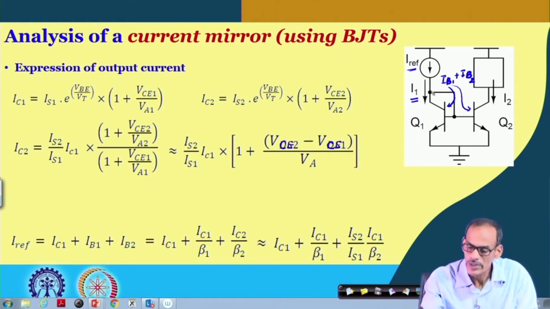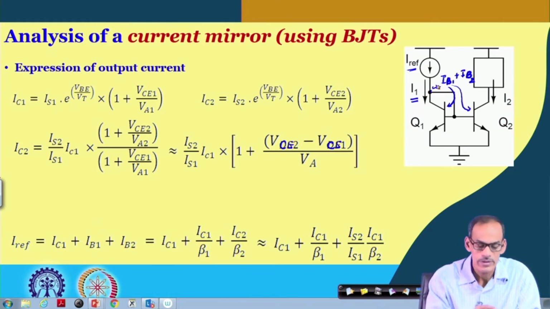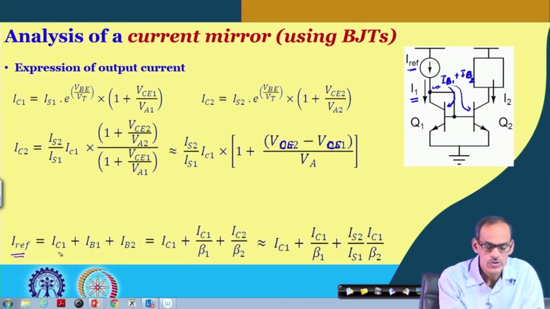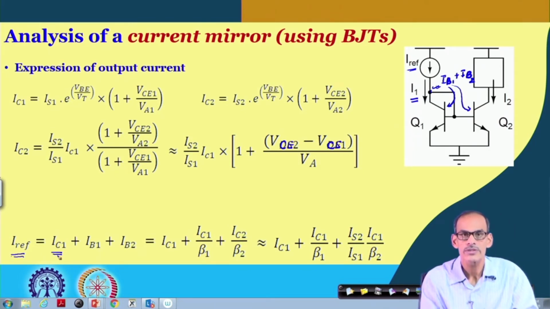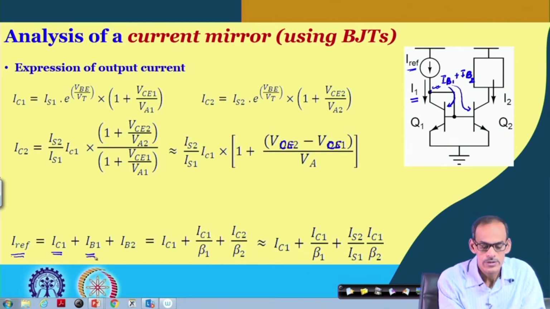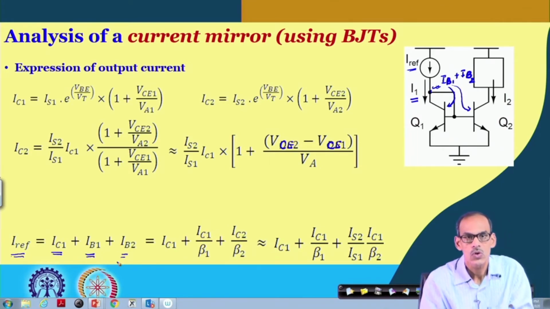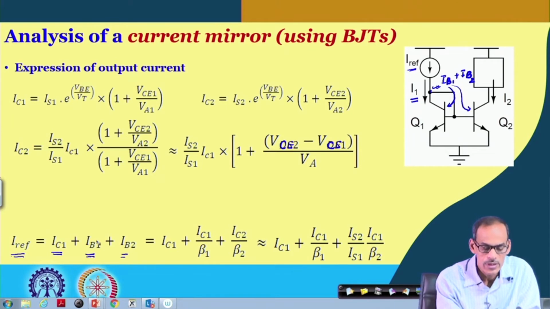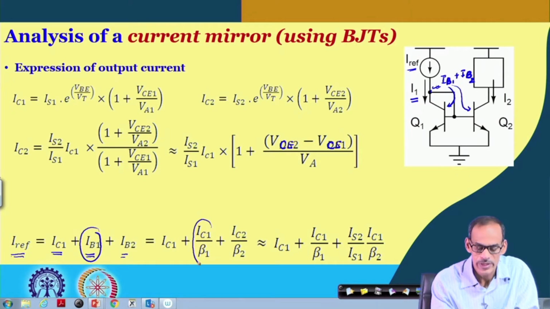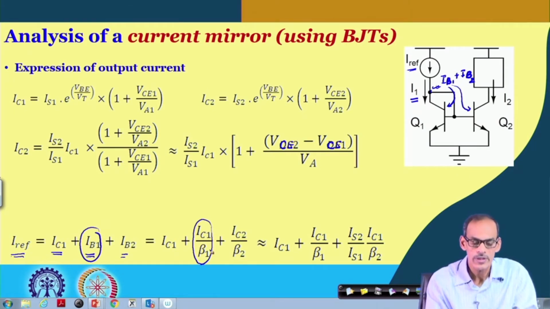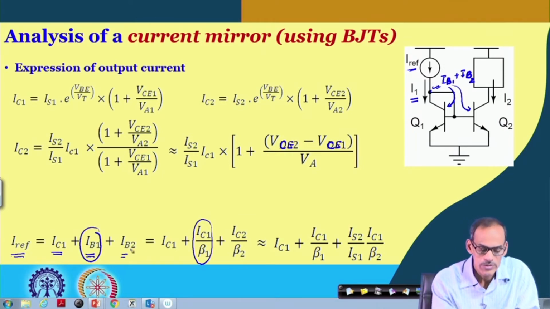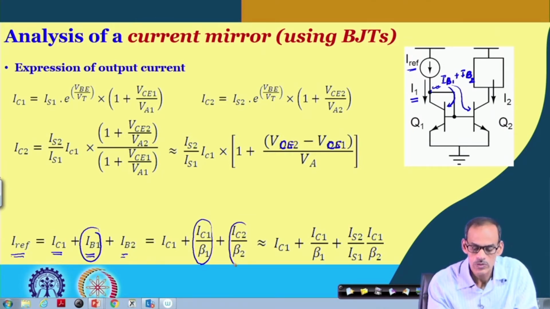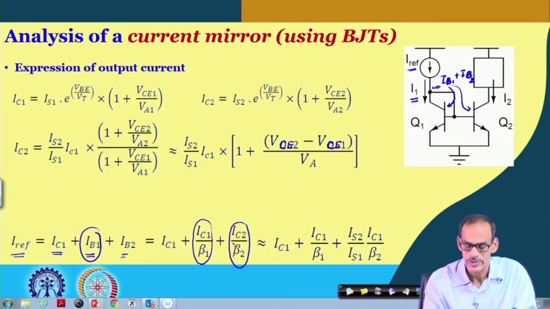Now at this node, if I consider the KCL, we have Iref equals the collector current of transistor 1 plus the two base currents. These two base currents can be expressed in terms of the collector currents: IC1 divided by beta of the transistor, and the same thing for the second transistor, IC2 divided by beta of the transistor.